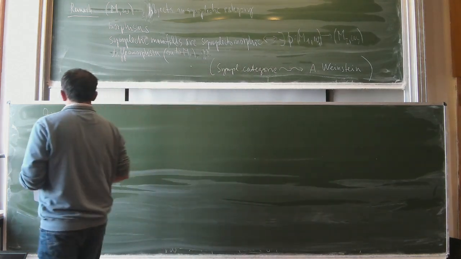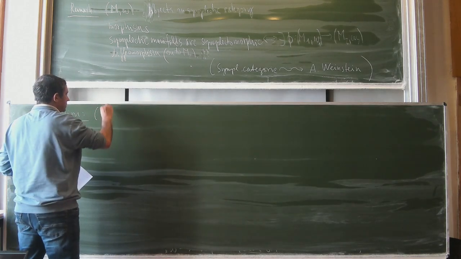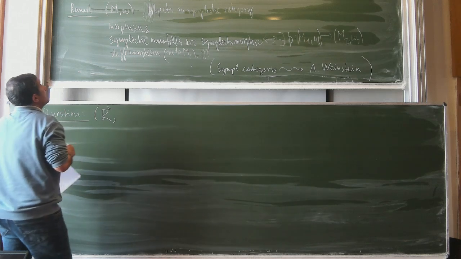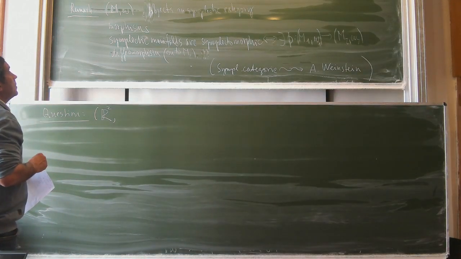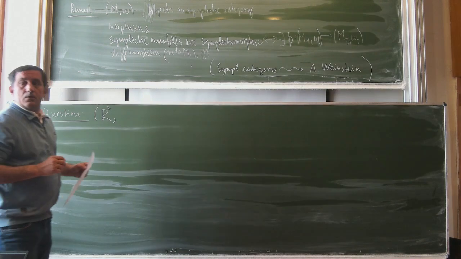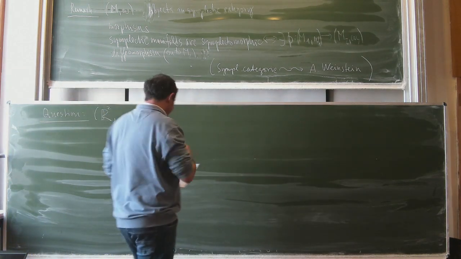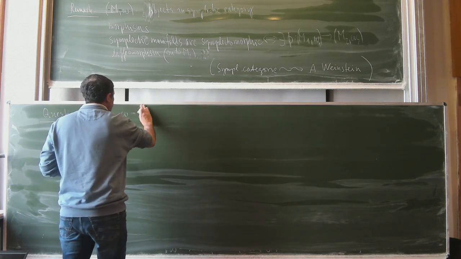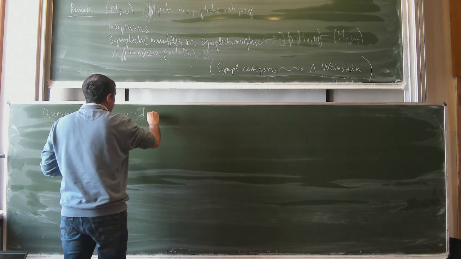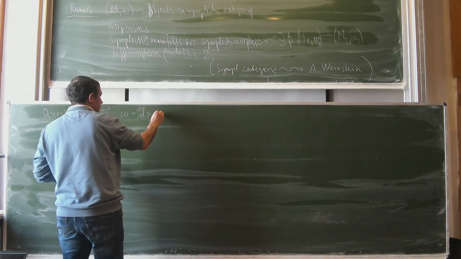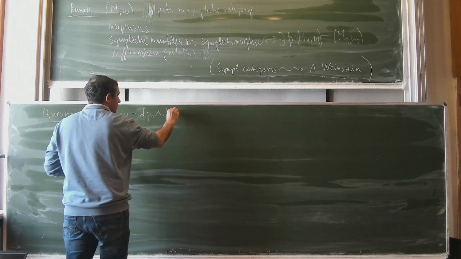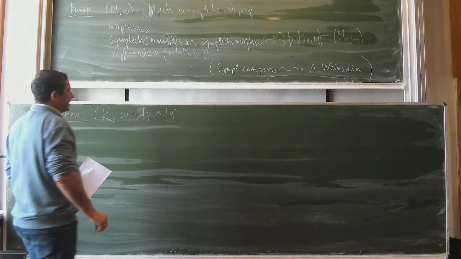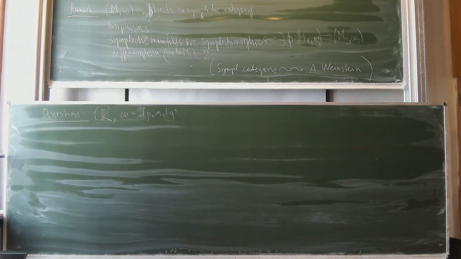On R^2, omega equals dp_1 dq^1, which was introduced in point 1 of the examples.